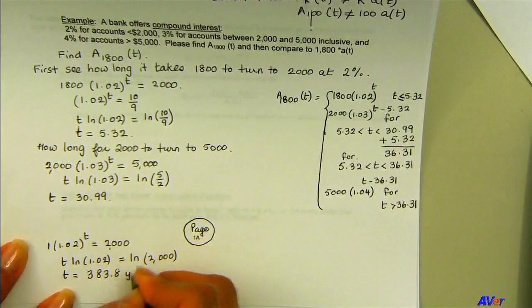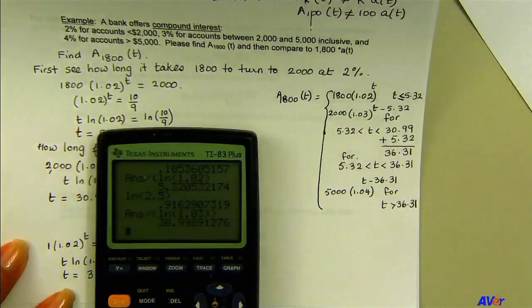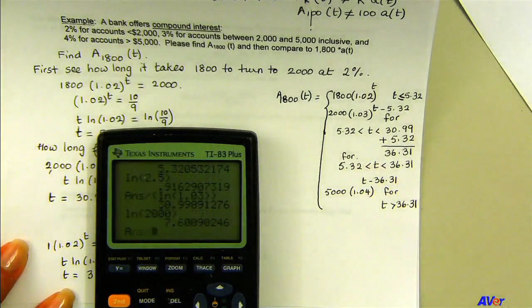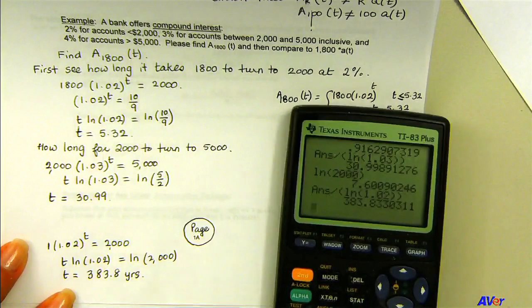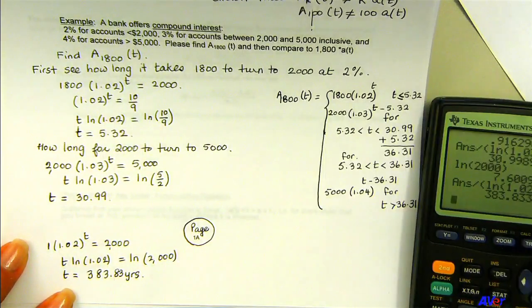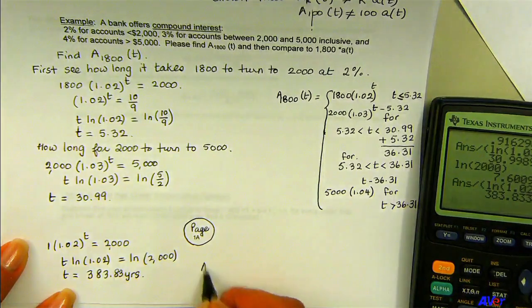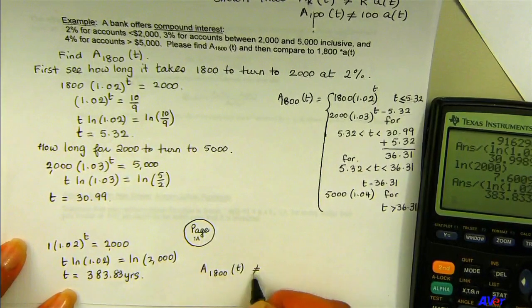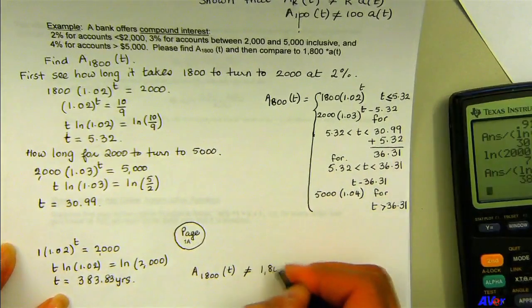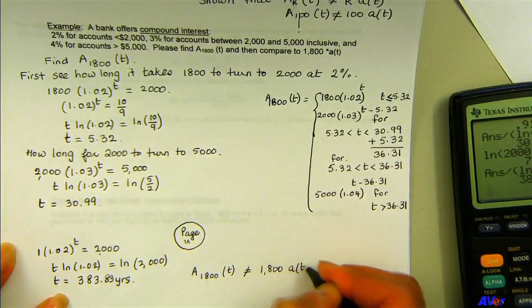Let's see. ln 2,000 divided by ln of 1.02. 383.83 years. So certainly A 1800 of t is not equal to 1800 times A of t, right?